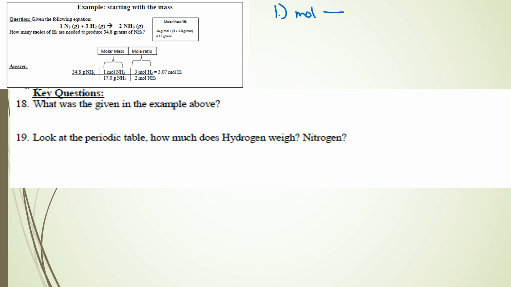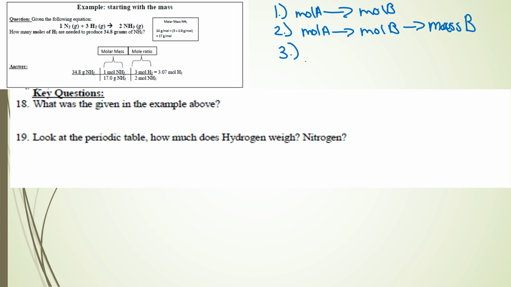Model 1, we did mole to mole. Model 2, all right.